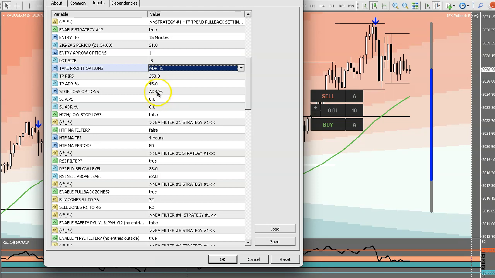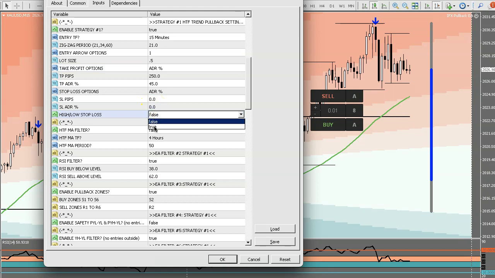Now, I also have stop loss. I do not have a stop loss myself, but you can base it on anything that you would like. Or you can have a stop loss where, whenever the EA makes an entry, if a candle closes above this high right here, it's going to close the entry.